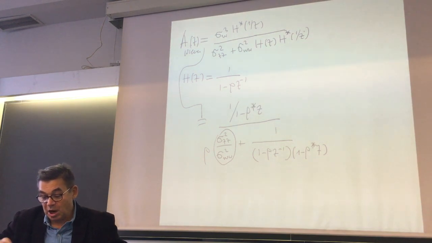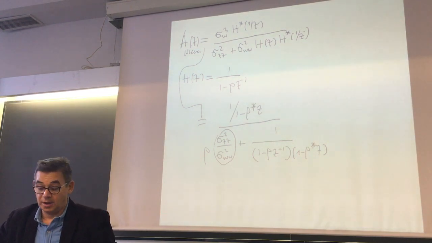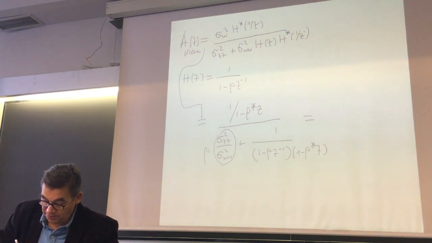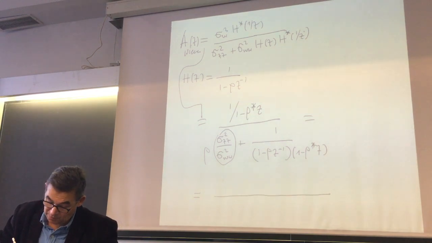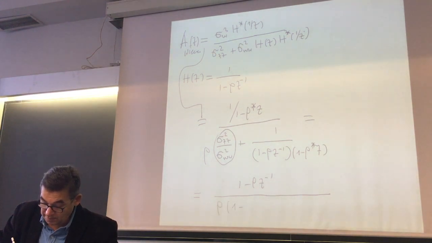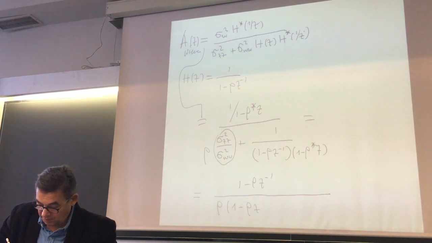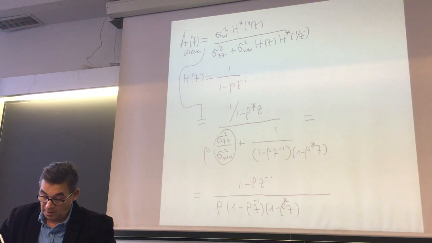When I group everything all together, it comes out as a Wiener filter that is all the way here. It is 1 minus rho z to the minus 1, divided by rho times (1 minus rho z to the minus 1)(1 minus rho star z) plus 1.